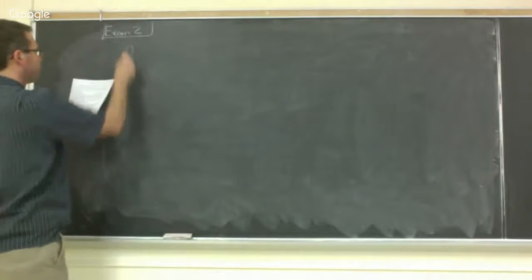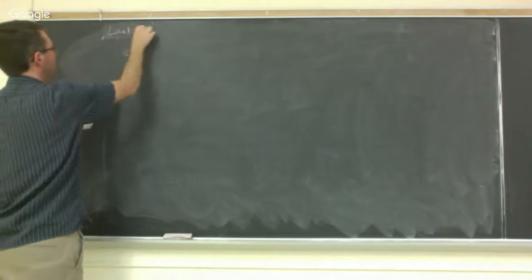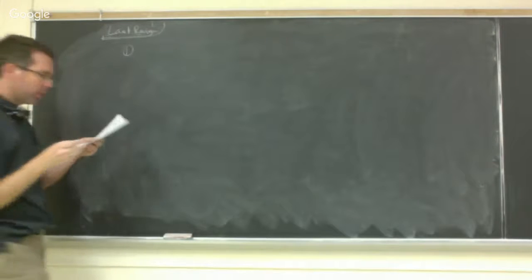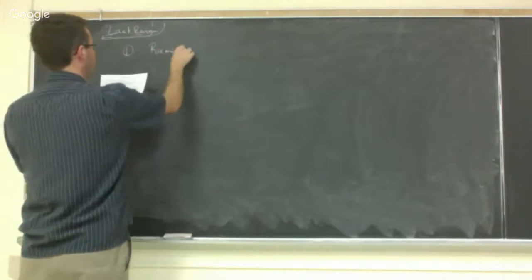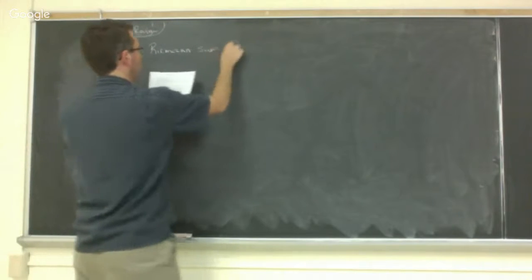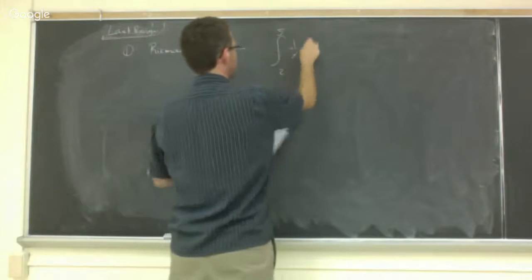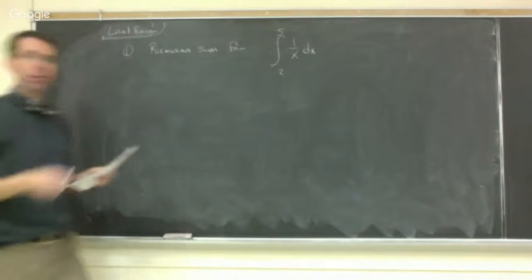All right. So for example, you might be expected to write down the Riemann sum for an integral, like the integral from 2 to 5 of 1 over x dx. Okay, so if I'm going to do that, there are 3 steps.